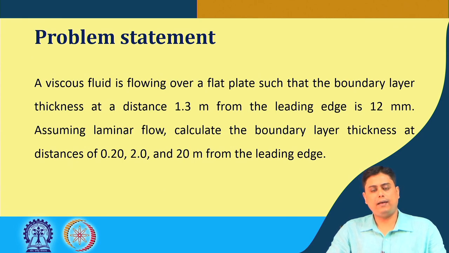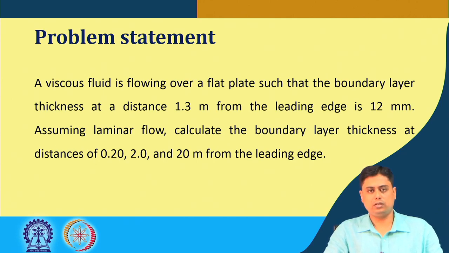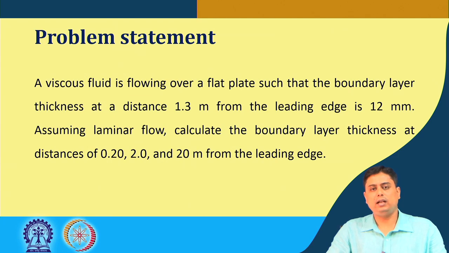Immediately you should have in mind how the boundary layer develops for a flat plate. There was some approach velocity, and from the leading edge, where x is 0, the boundary layer grows.